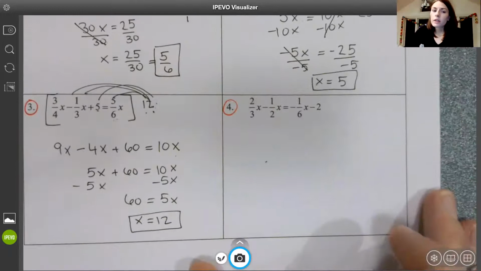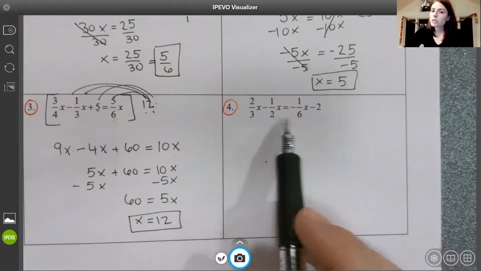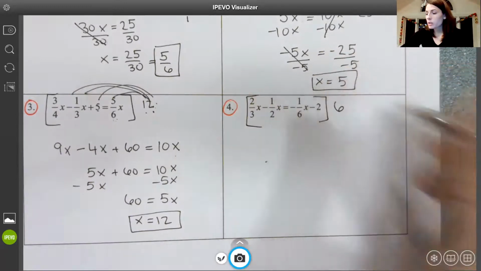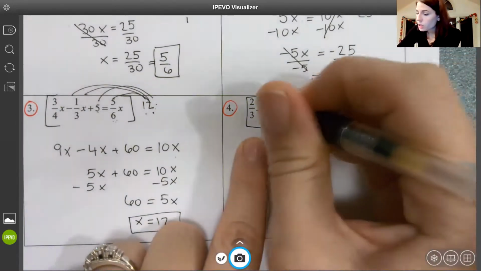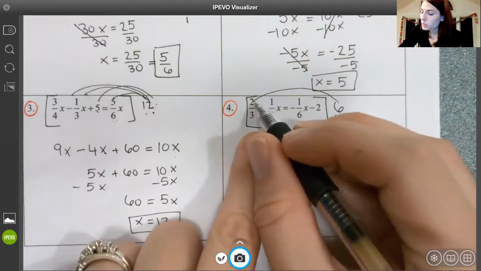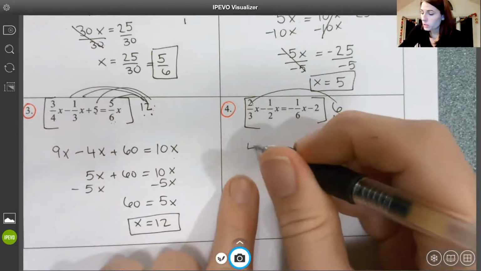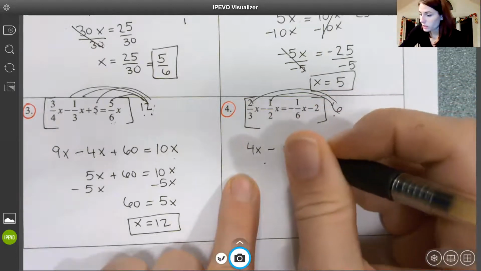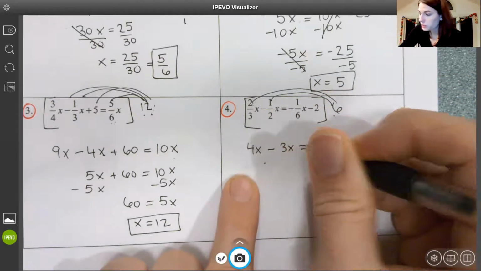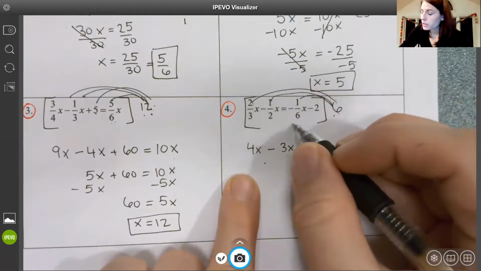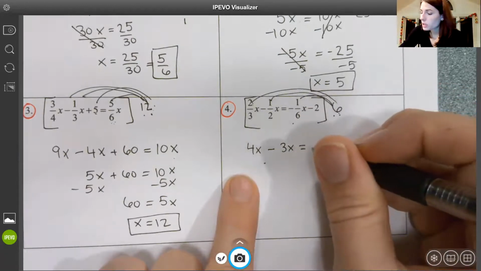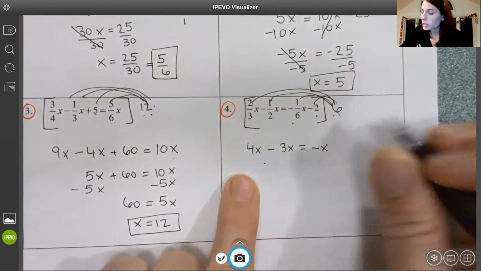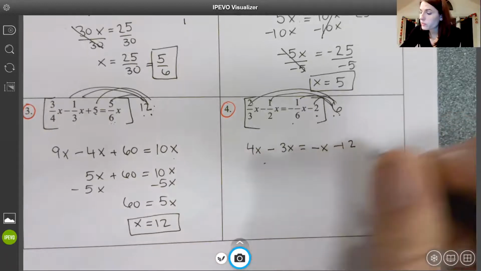On number 4, the common denominator between 3, 2, and 6 would be 6, so I'm going to multiply all of these terms by 6. 2/3 times 6, well, 6 times 2 is 12, divided by 3 would give me 4x, minus 1/2 times 6 is going to give me 3x, equals negative 1/6 times 6 is going to give me negative 1x, and then I can't forget to multiply the 6 by the negative 2, gives me negative 12.